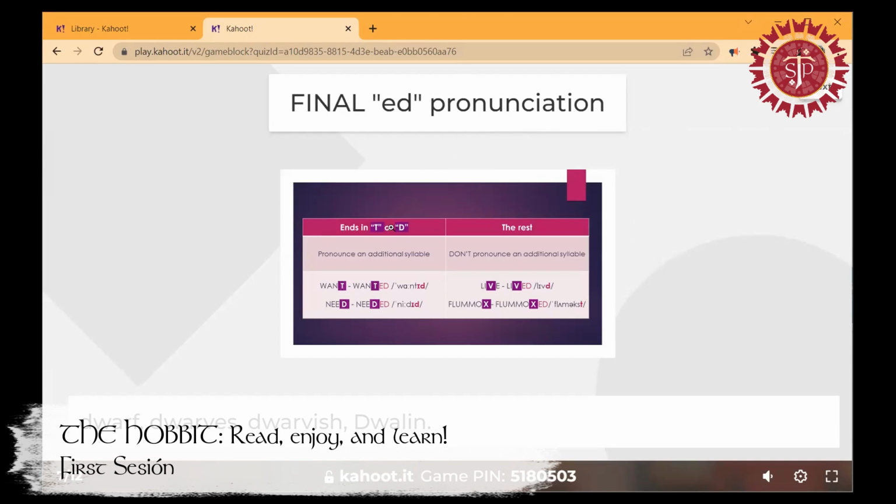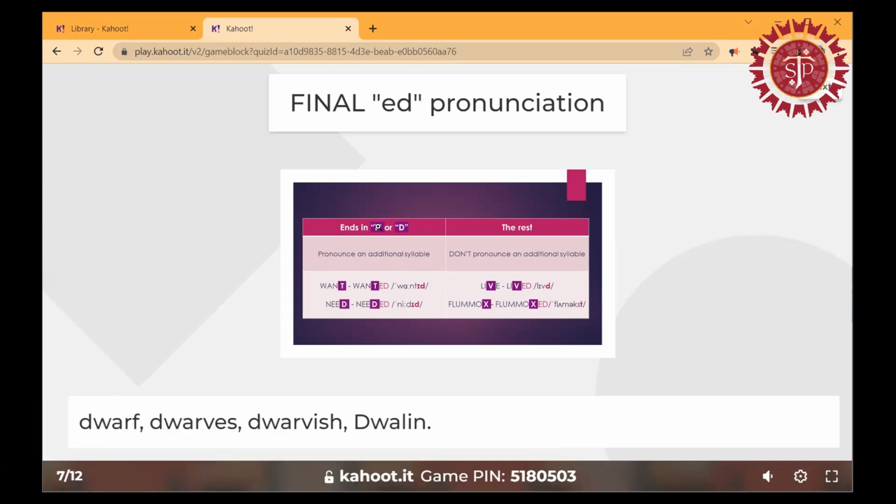We only do it in one case. If the verb, because this is for a verb that transforms into the past or past participle, ends in T or in D, we have to add a syllable because it's the same sound.